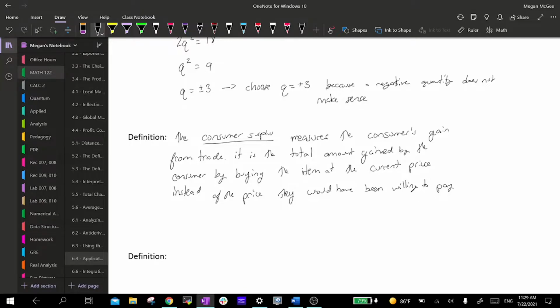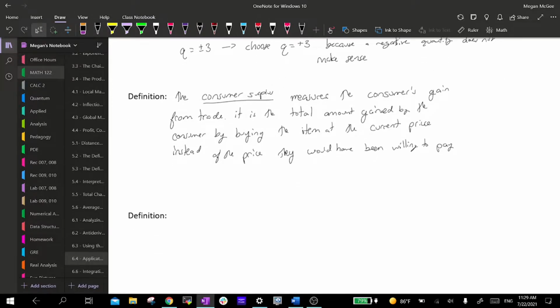All right, and then we have the producer surplus, and we're going to dive into what these definitions actually represent in a second. So this measures the producer's gain from trade.